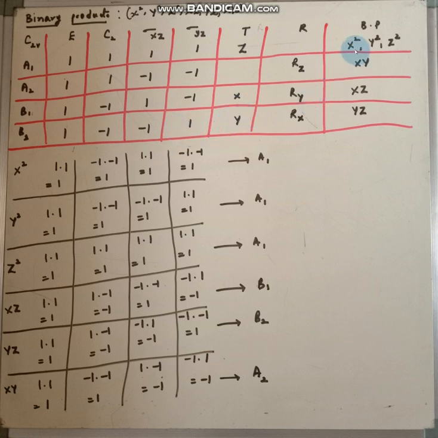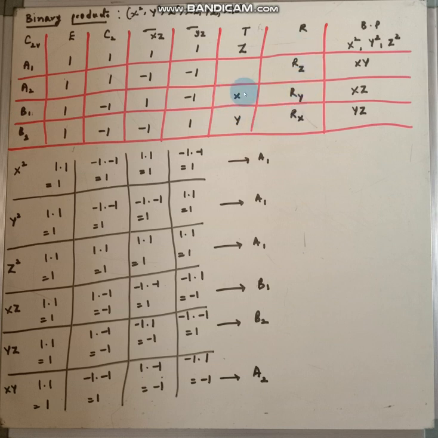Now I shall discuss the binary products. Binary products means you should multiply x into x, y into y, z into z, or x into y, y into z, or z into x. This is commutative, nothing to worry about; the commutative law is valid here. Take x square. Now I should choose B1, because x is nothing but B1.